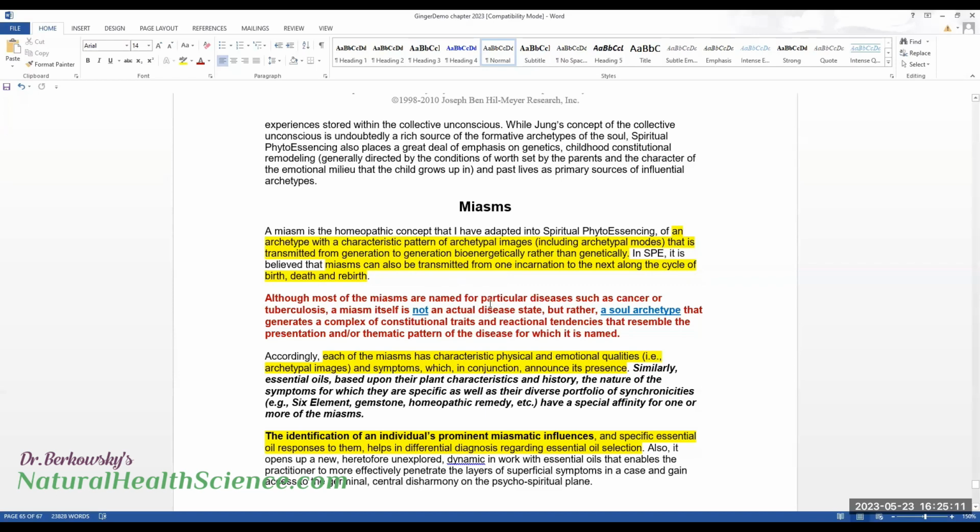It's basically a reactional mode that resembles the disease state, a symptom pattern mode, not the symptoms of the disease itself, but other symptoms that individual has on both emotional and physical level that a person with cancer or tuberculosis has. And so they either inherited it through this non-genetic mechanism, or they brought it from a past life.